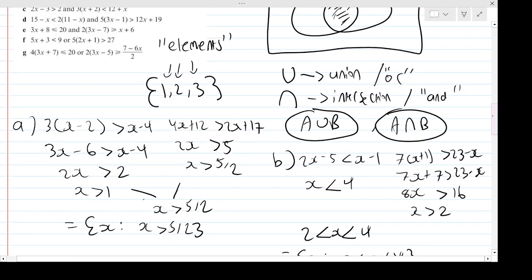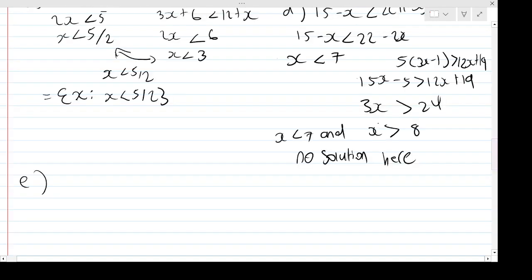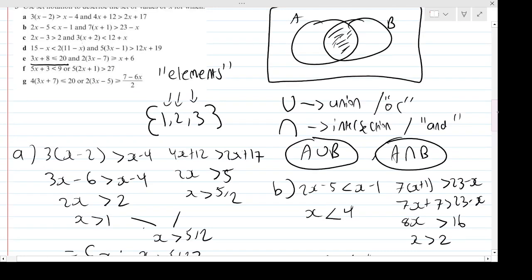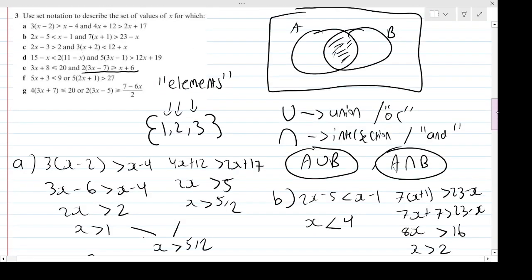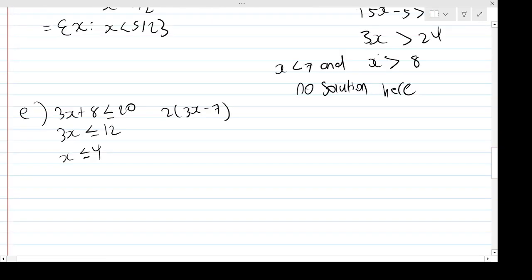Anyway, part A, this time we firstly have 3x plus 8 is less than or equal to 20. Then 3x, if we move the 8, is less than or equal to 12. That means x is less than or equal to 4. Cool. Also, we have 2 lots of 3x minus 7 greater than or equal to x plus 6.